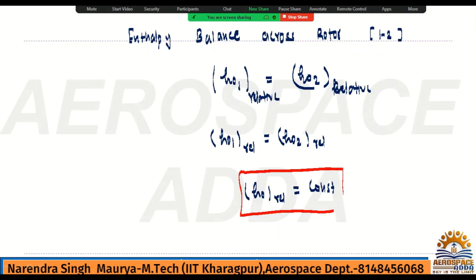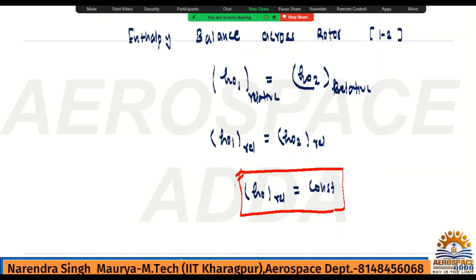This is very important. Across the rotor, total enthalpy must be constant, but what enthalpy is it? Relative enthalpy. Why? Because it comes from the relative velocity.